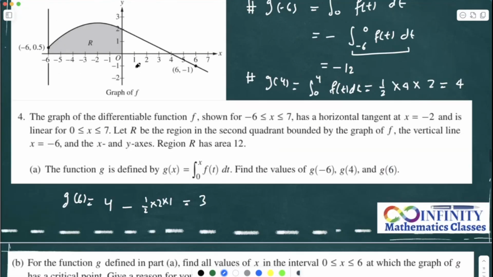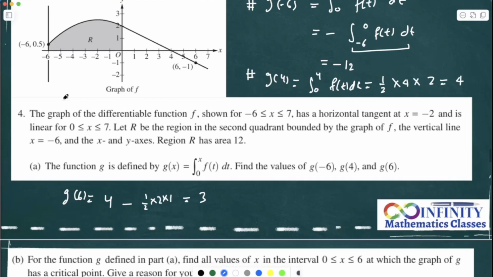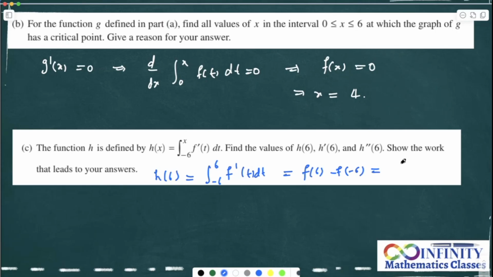F(6) was -1 and f(-6) is 0.5. So if you ask me the value, I will tell you -1 minus, I think it was positive 0.5. It is negative 0.5. Do you agree?